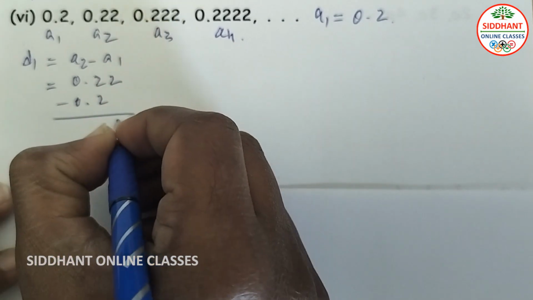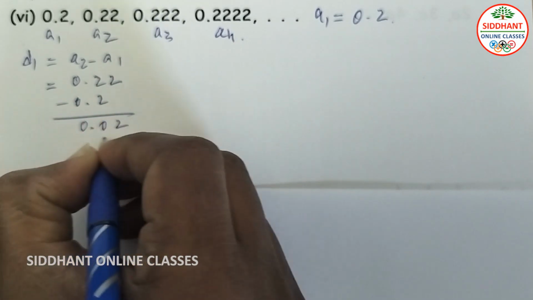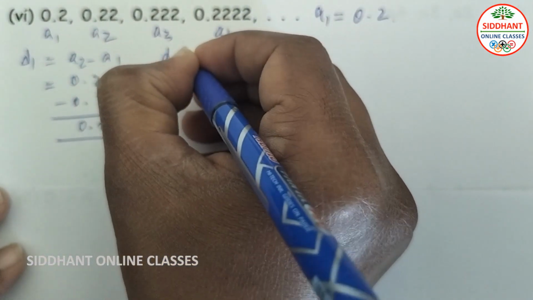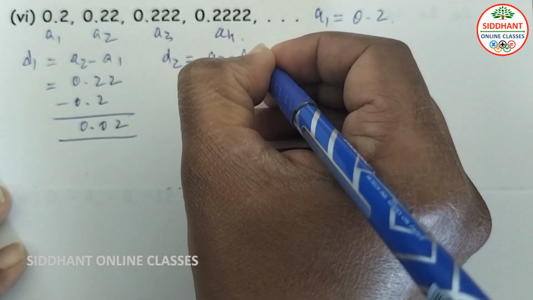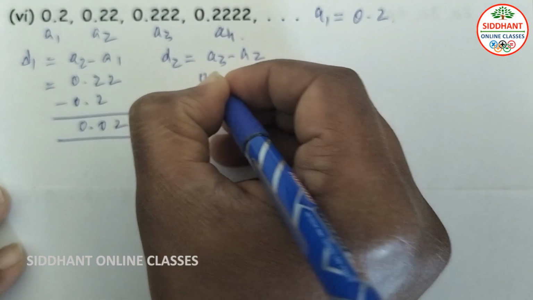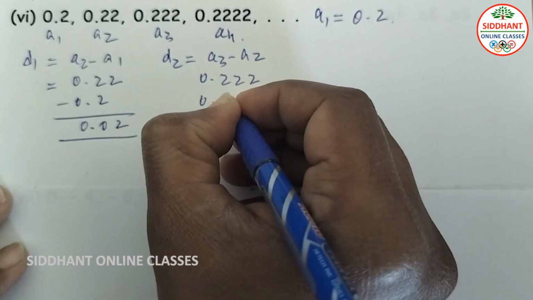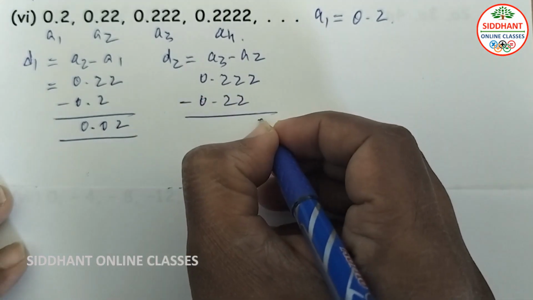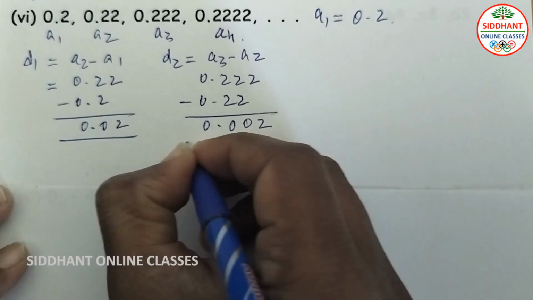So that will be 0.02. Next d2. D2, when you are going to see, will be a3 minus a2. So that will be 0.222 minus 0.22, that equals 0.002 here.